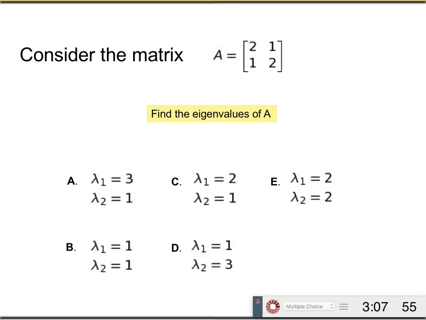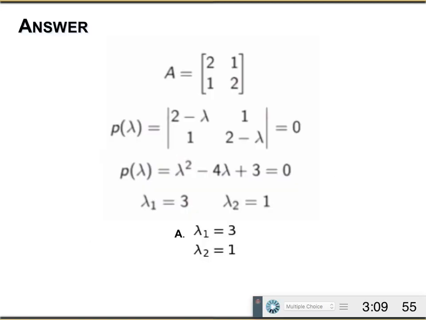I guess some people have already ducked out. So most people got this. I think some of you exactly remembered. We've seen exactly this question last week. We do the value minus lambda on the matrix diagonal. We compute the determinant, the characteristic equation, set it equal to 0, and then solve for the zeros, which in this case are 3 and 1. Okay, so guaranteed your midterm will have an eigenvalue problem for 2D on it.